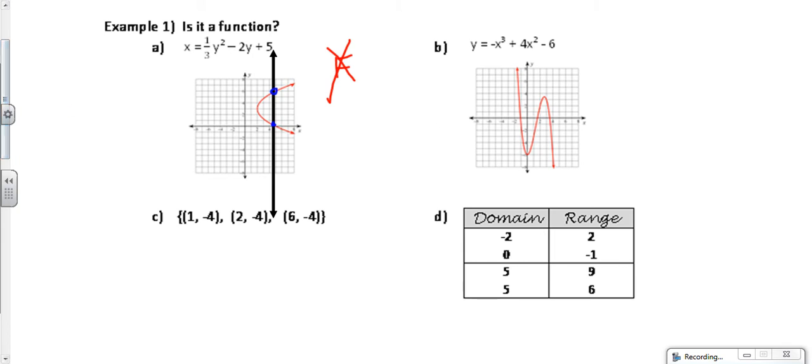Let's try the next one. If I take this vertical line and pass it over this one, okay, now notice I'm passing over the red, but I'm only intersecting it at one point. I got a very thick line here, sorry about that. Actually, I wonder if I can modify that.